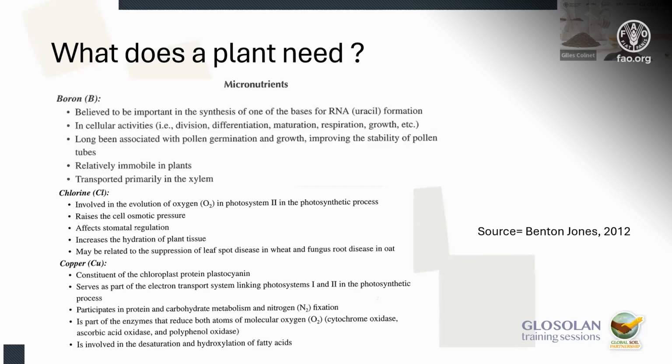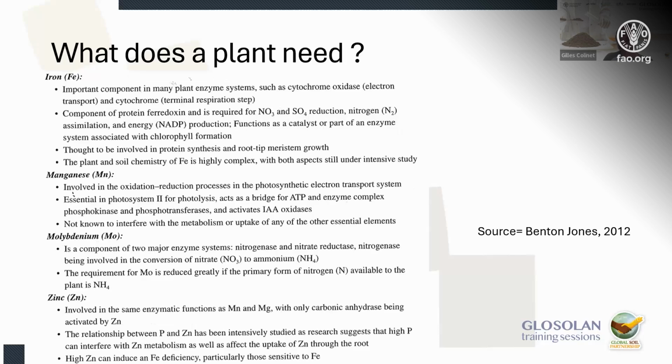They are linked to the metabolism of nitrogen fixation and so on. So they have very specific roles. They are needed at low concentration, but they are still needed. I will not go into many details, but you should remember that they are important to very specific processes that are completely part of the plant functioning.